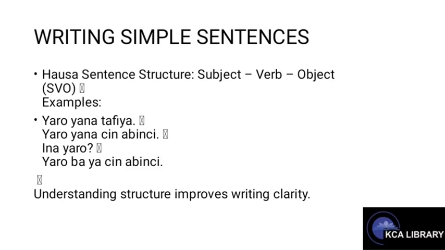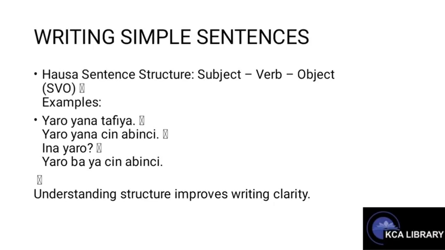Writing simple sentences. How do you learn how to write simple sentences in Hausa? Writing begins with construction of simple sentences and gradually develops into paragraph writing. A simple Hausa sentence usually follows the subject-verb-object structure.